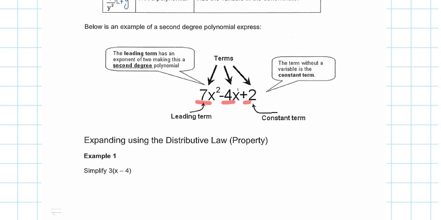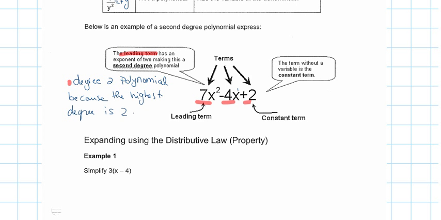Now, the first one, the one with the highest exponent, we call that the leading term, okay? So this is your leading term. And it has a degree of 2 because that's your highest degree, right? So we call this polynomial degree 2, okay? So this is a degree 2 polynomial because the highest degree is 2.